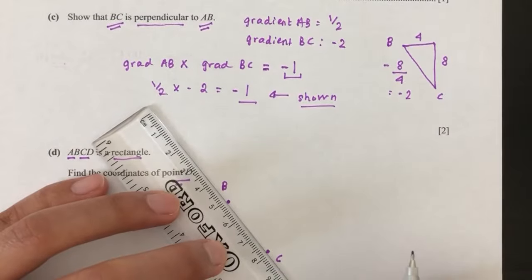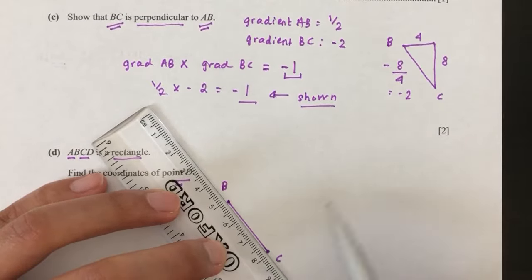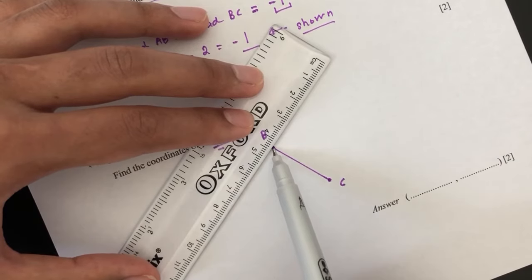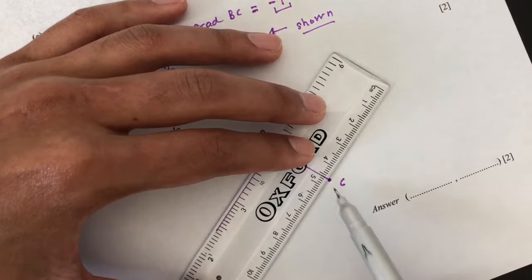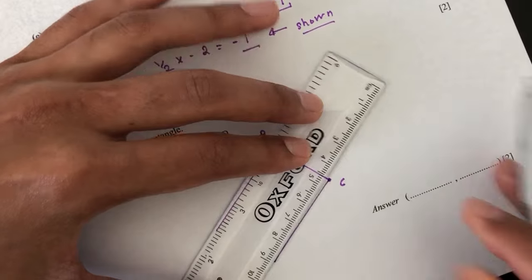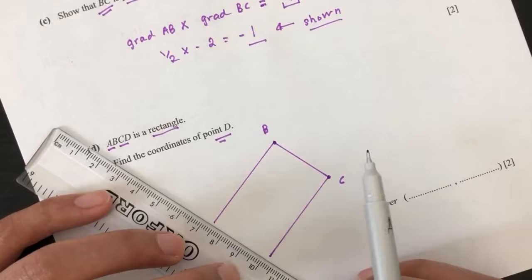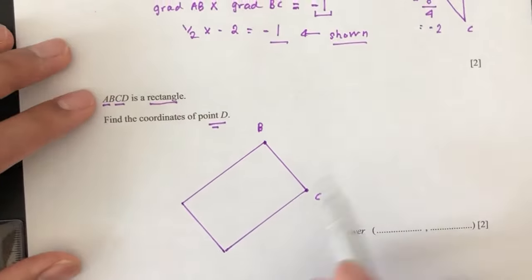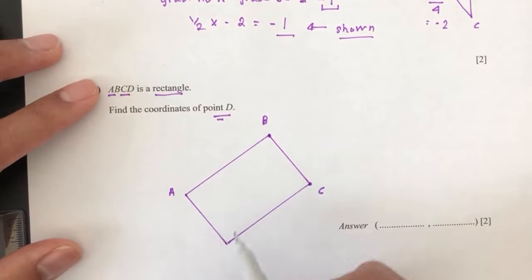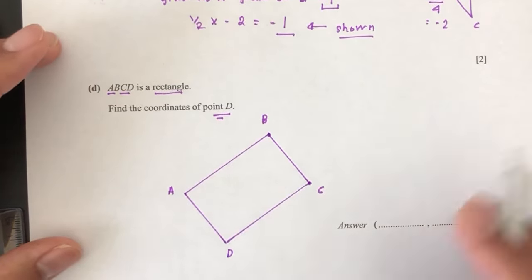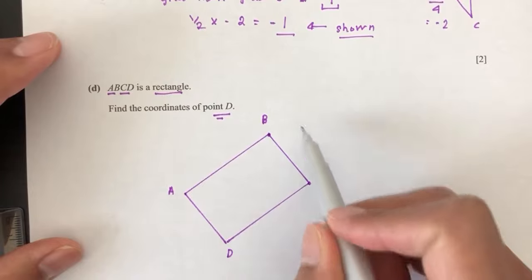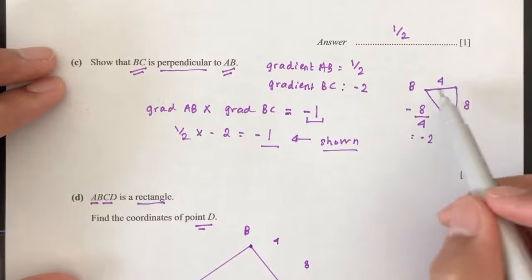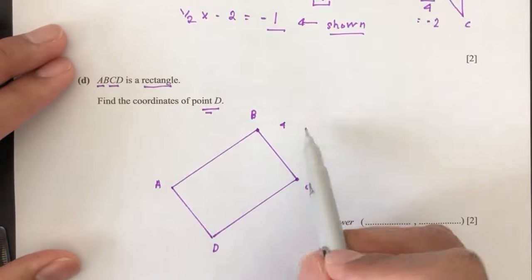If this is BC, then AB will be somewhat like this. This is an approximate drawing of the rectangle ABCD. These two sides need to be parallel to each other. So distance from this to here, as we have found, is 4 and -8.